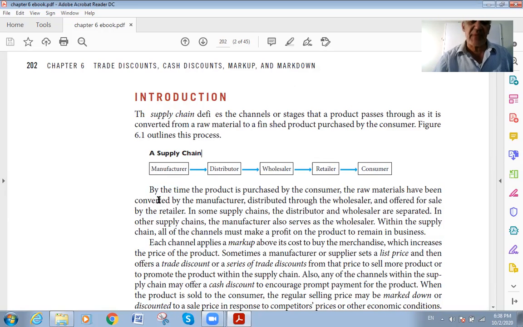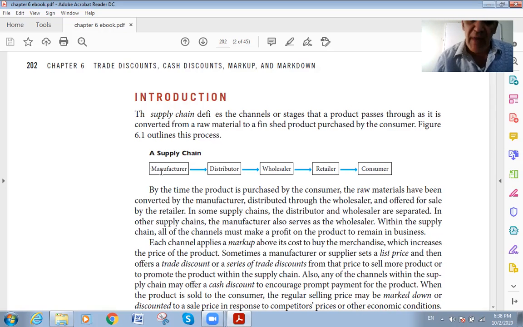Let's say you want to buy a chocolate bar, an eclair, or any kind of sweets or candies.